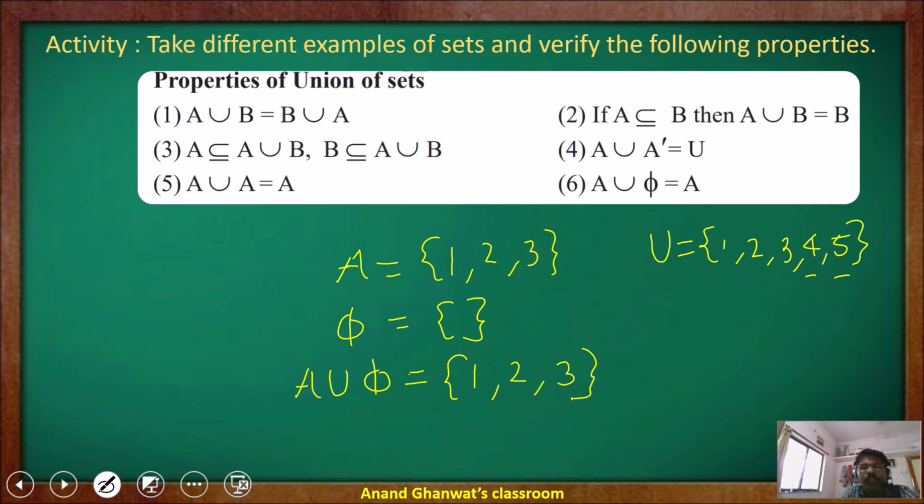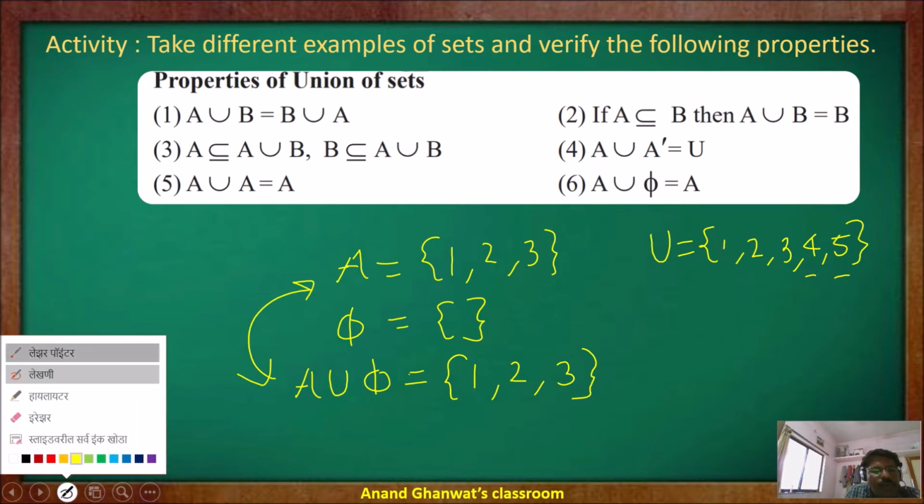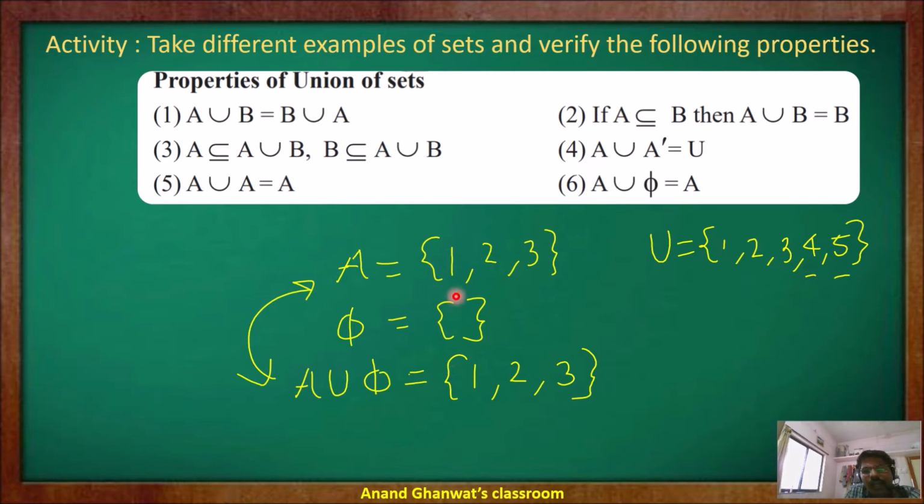So A union phi is 1, 2, 3. Now compare these two, set A and A union phi. All the elements in set A are present in A union phi. Therefore, A union phi is equal to A.